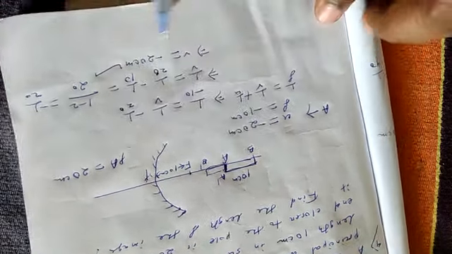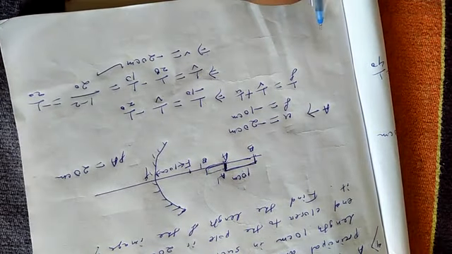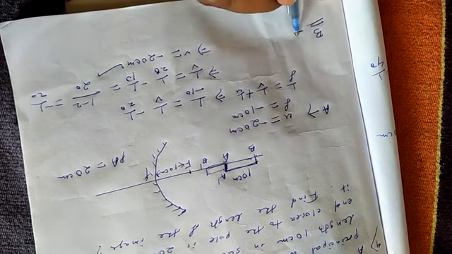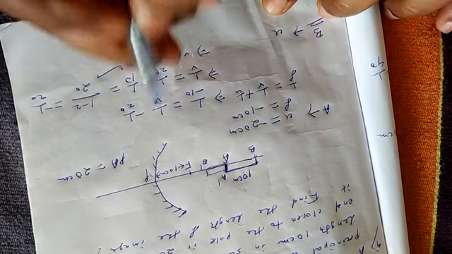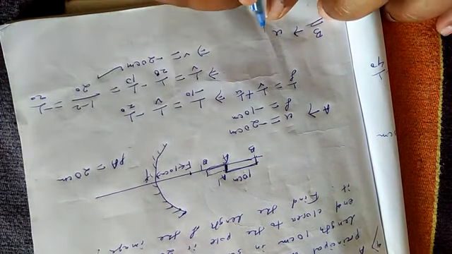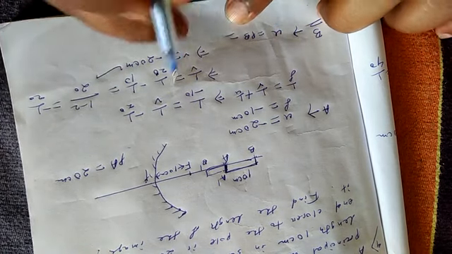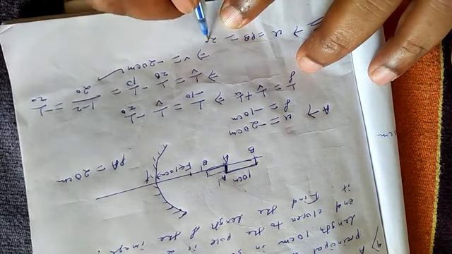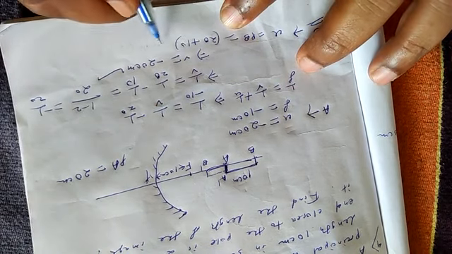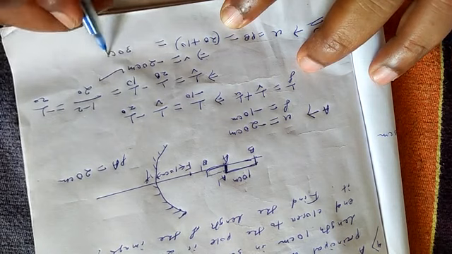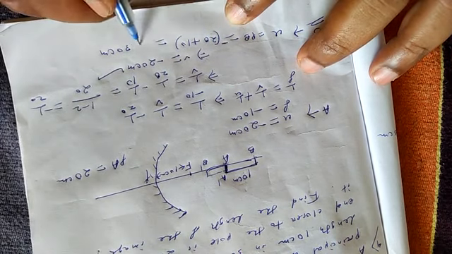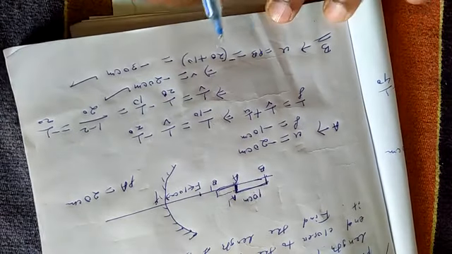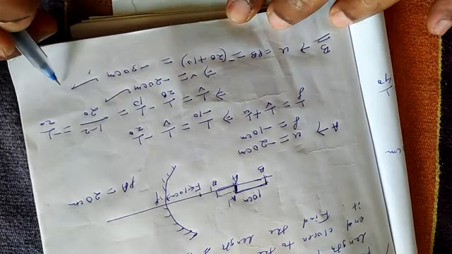Next, taking B as object. For the point B, what is the object distance? U is equal to PB is equal to 20 plus 10 is equal to 30 centimeter, and we take object distance as negative, that is minus 30 centimeter, and F is equal to minus 10 centimeter.